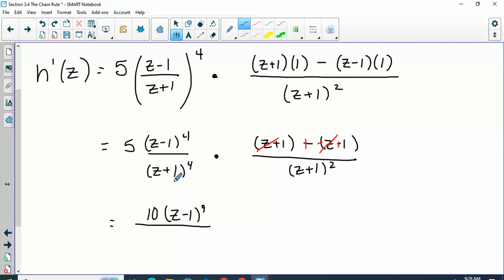On the bottom, I have (z plus 1) to the 4th times (z plus 1) squared, so (z plus 1) to the 6th. Okay, right here, I combine my numerator, that's a 2. So then I did 2 times 5 to get 10. It's just sloppy. So we can get some uglier looking answers on these.